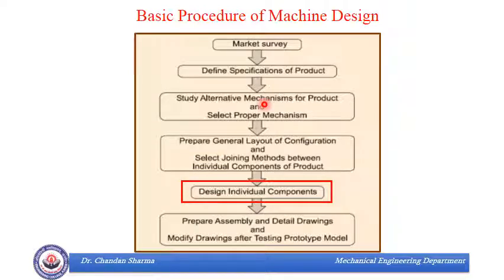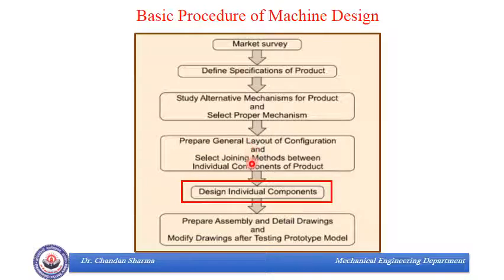Amongst the available options, we'll choose the most appropriate option for its mechanism. After that, a general layout of the configuration is prepared, and the joining method or assembly procedure is defined.